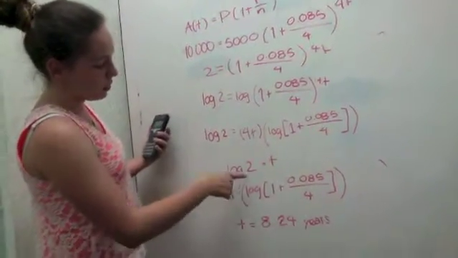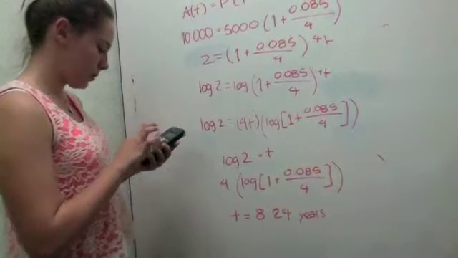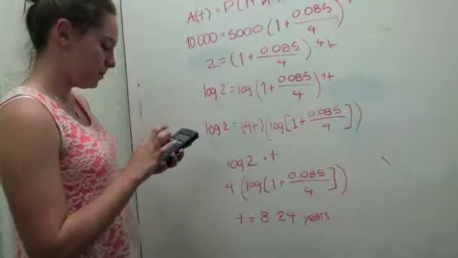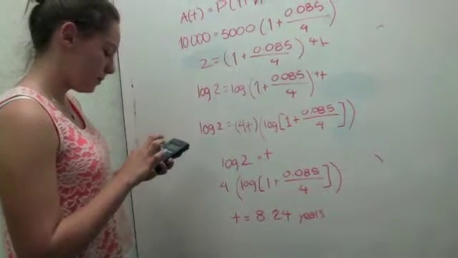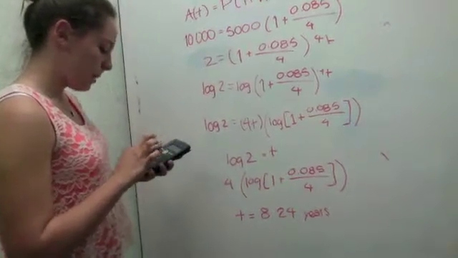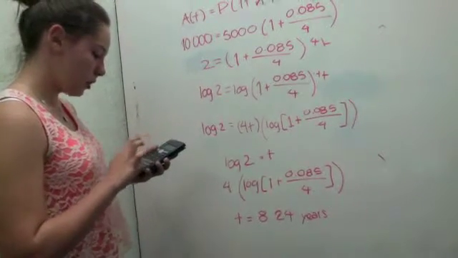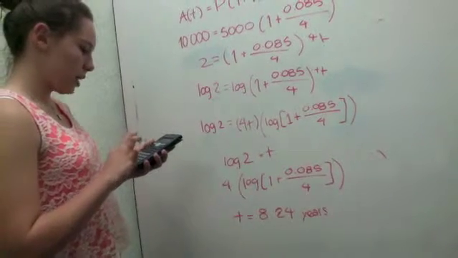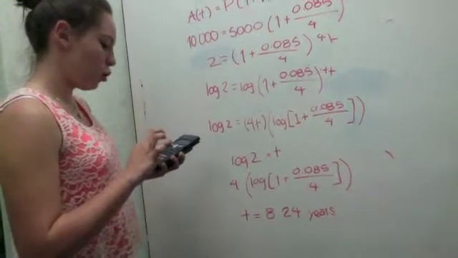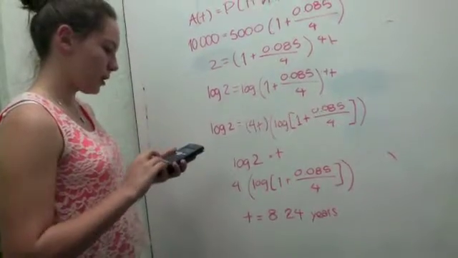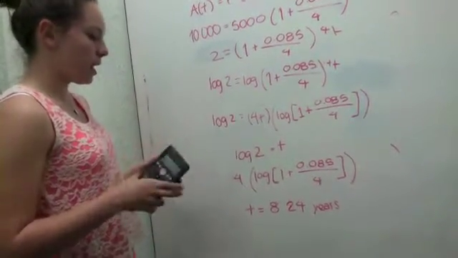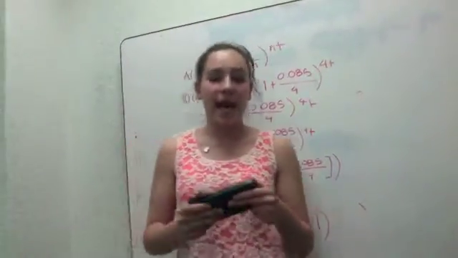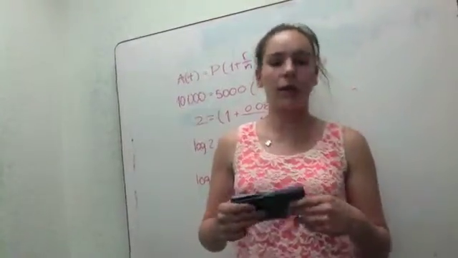If we solve log of 2 over 4 log of (1 plus 0.085 over 4), this gives 8.24 years. So it will take 8.24 years for the investment to double.